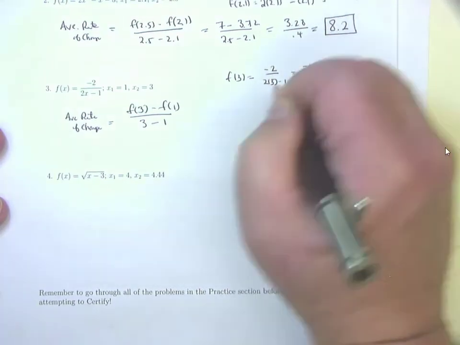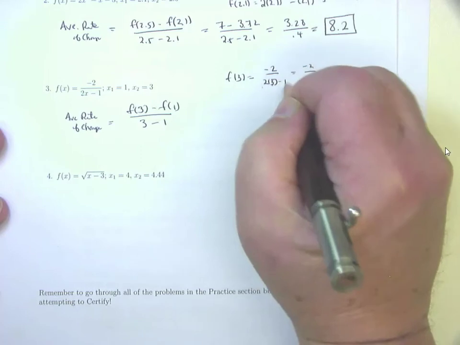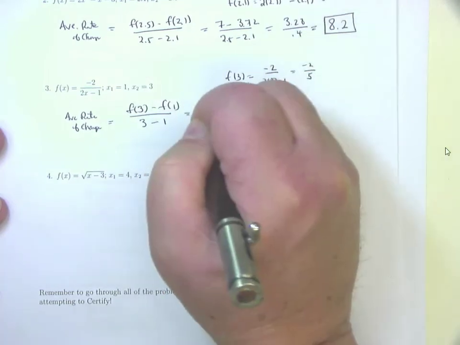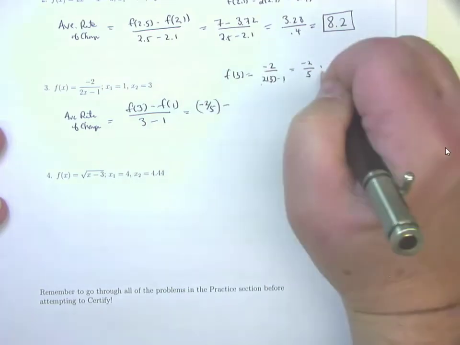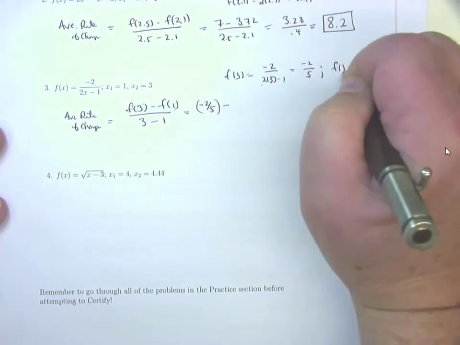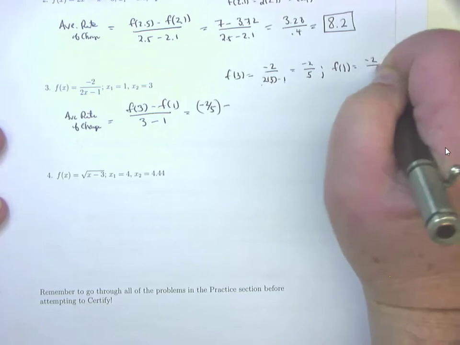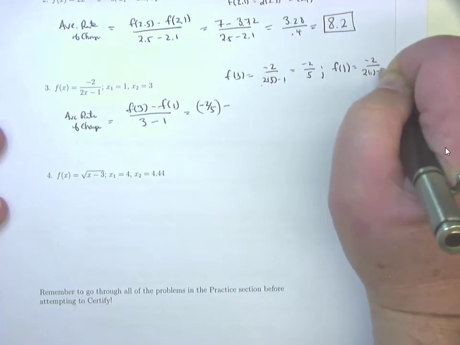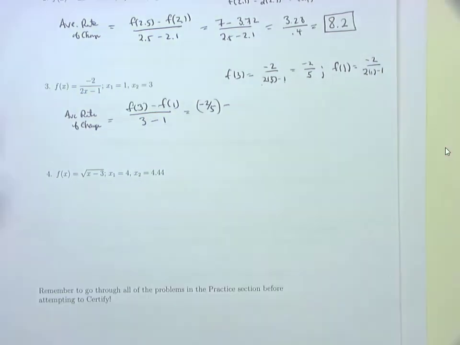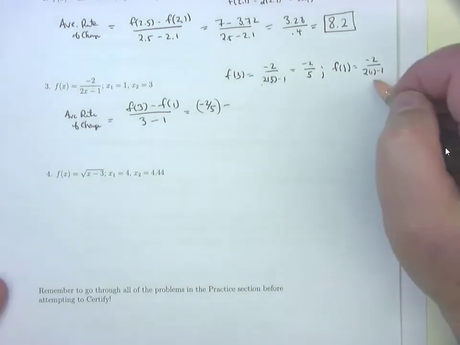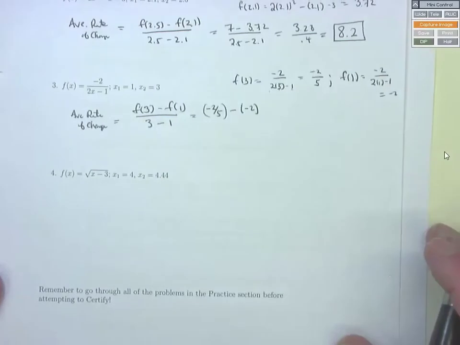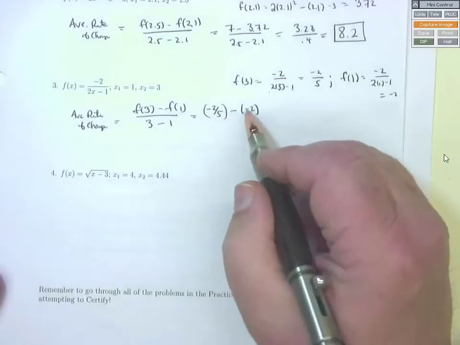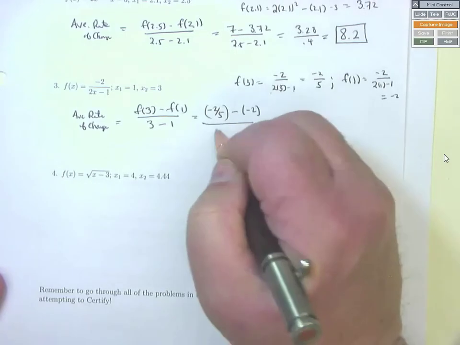It'll be negative 2 over 2 times 3 is 6, minus 1 is 5. So this is going to be negative 2/5. Minus f of 1, that'll be negative 2 over 2 times 1 minus 1. Let's see here. 2 times 1 is 2, minus 1 is 1. Negative 2 divided by 1 is negative 2. Watch your signs, which is why I'm putting these parentheses around this. So I got negative 2/5 minus negative 2, divided by 3 minus 1.